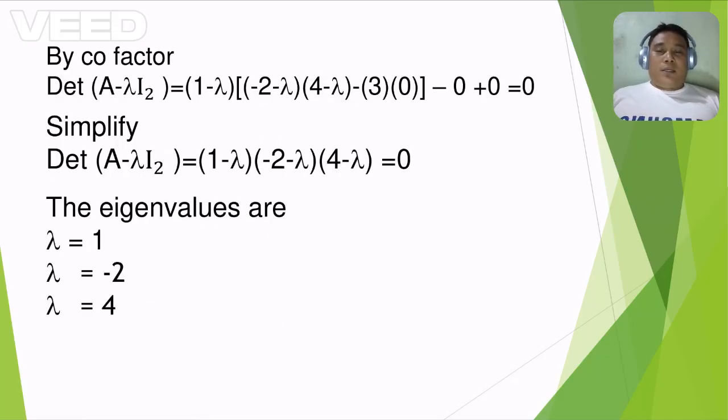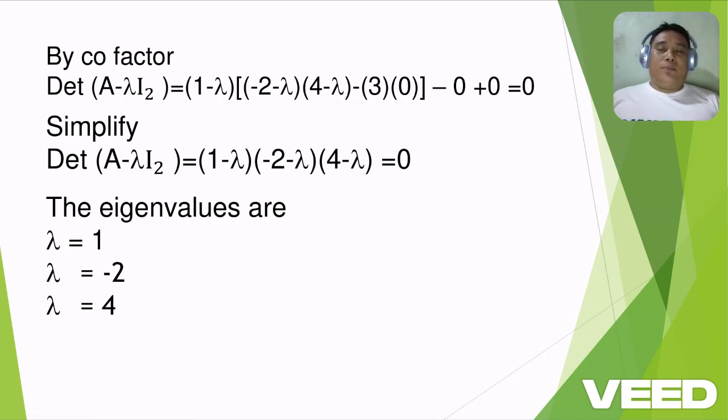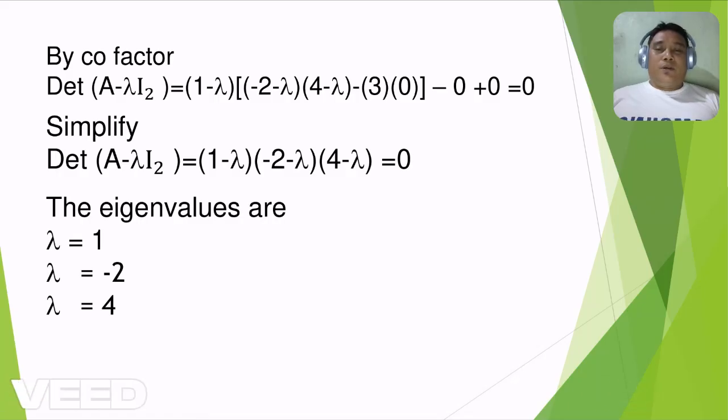So the simplified answer is (1 minus lambda)(negative 2 minus lambda)(4 minus lambda) minus 3 times 0 minus 0 plus 0 equals 0. We simplify it: (1 minus lambda)(negative 2 minus lambda)(4 minus lambda) equals 0. We can solve now for eigenvalues.